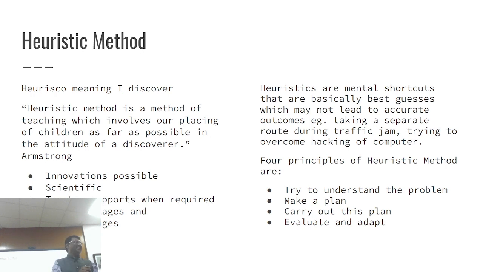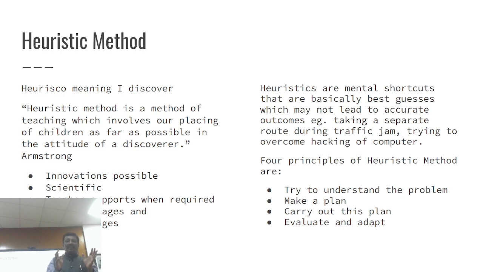Who is discovering? Student is discovering. So student is in the form of a discoverer. Heuristic method is a method of teaching which involves placing children as far as possible in the attitude of a discoverer. The student is discovering, so he is undergoing all kinds of experiences. Armstrong was the proponent of this heuristic method.